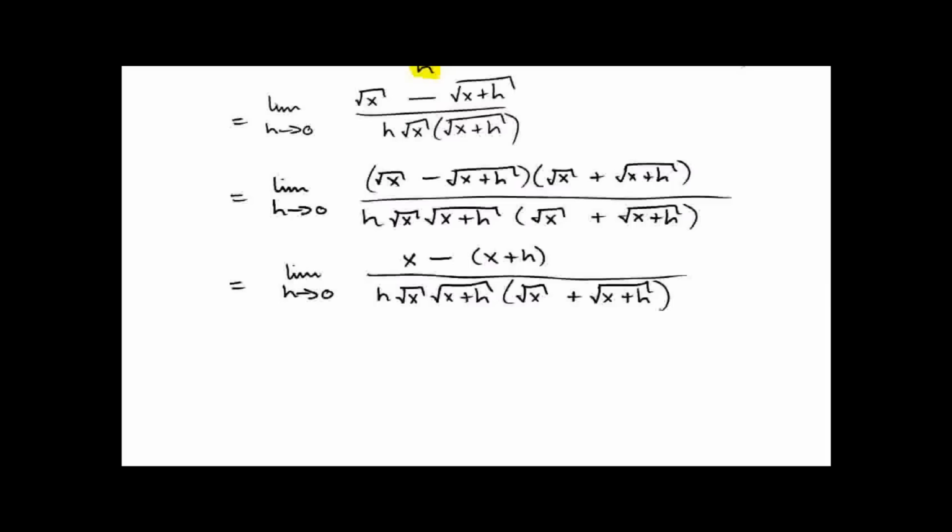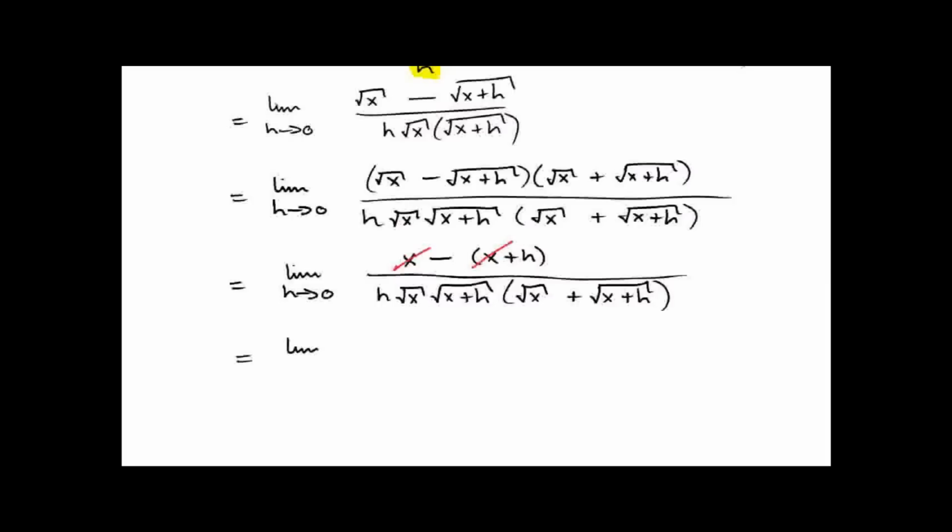Okay? Now what's going to happen on top? Yep, I've got a plus x here and I've got a minus x here, so they're going to disappear. So the only thing left on top is what? Minus h. Okay? Minus h.